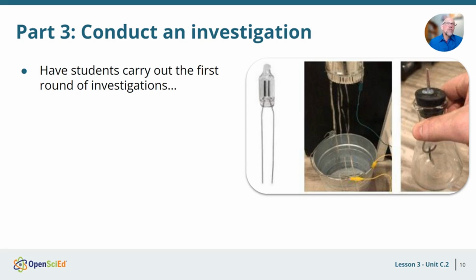In Sense-Making Loop 1, Part 3 involves students testing objects they brought in with the water dropper system. Leave this process somewhat unstructured initially to allow students to explore interactions of their objects with the water dropper system. They'll be performing a second round of investigations later.